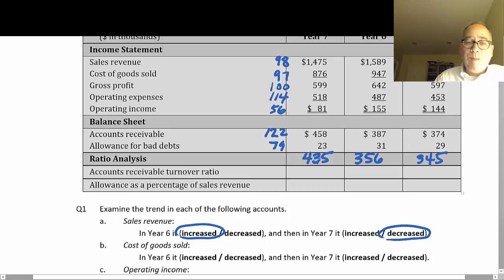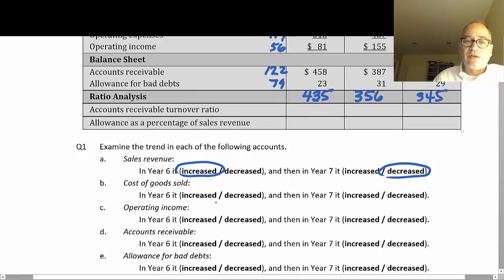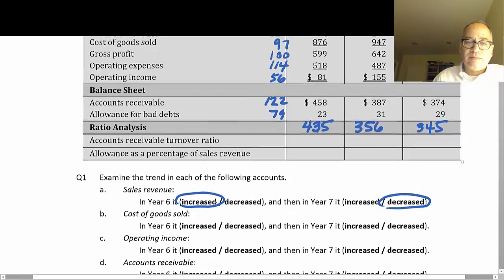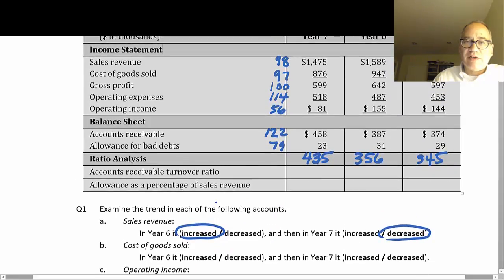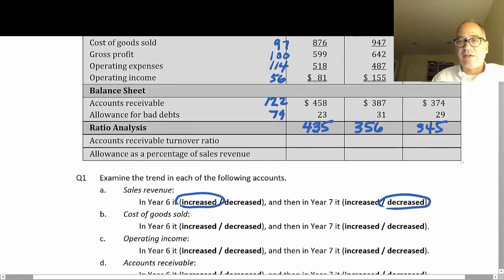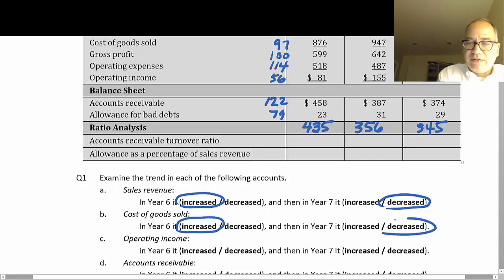So now, cost of goods sold. In year 6, cost of goods sold rather increased. But in year 7, it decreased.